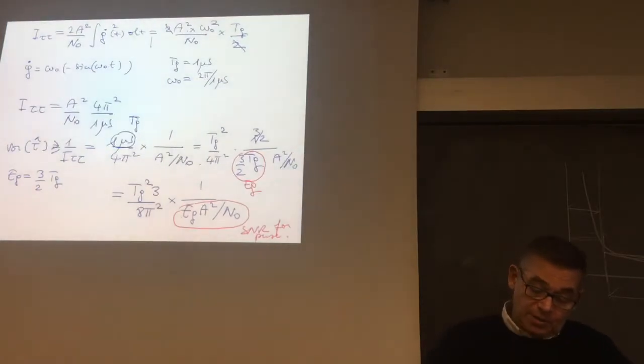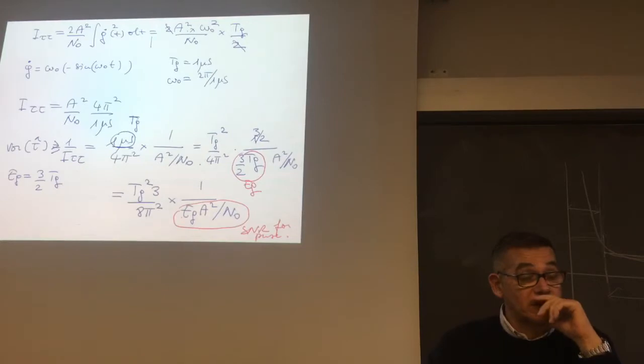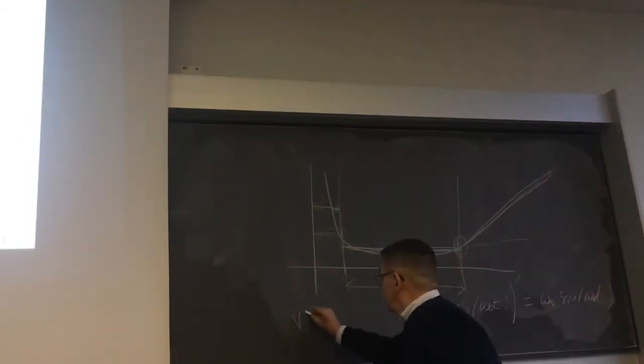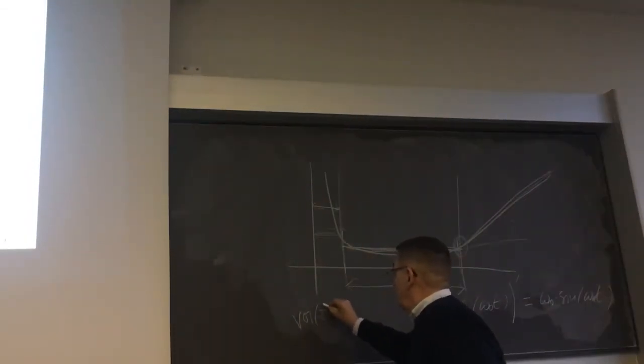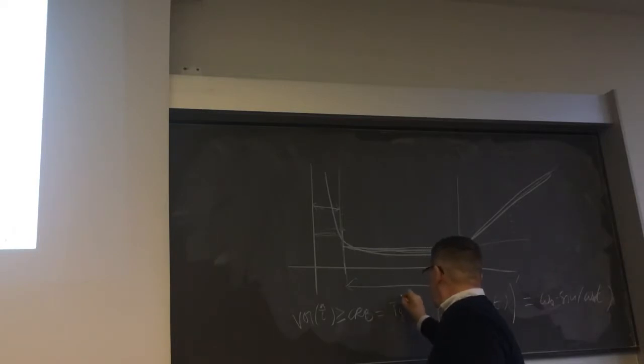Now, if that one is the signal to noise ratio, assume, as in the question, that I want the variance of tau hat, which is larger or equal than the Cramer-Rao bound, and the Cramer-Rao bound depends on Tg squared, then there is a scaling factor, then there is a signal to noise ratio.